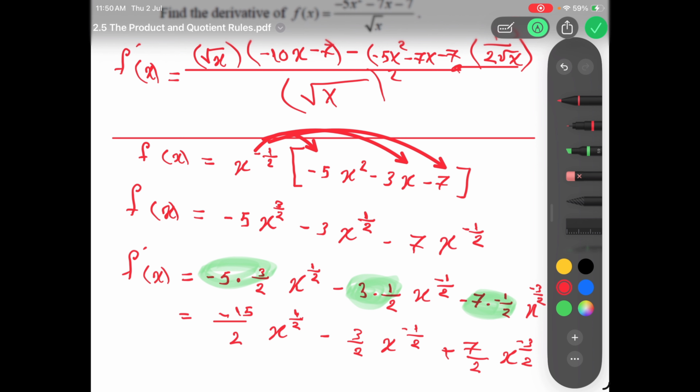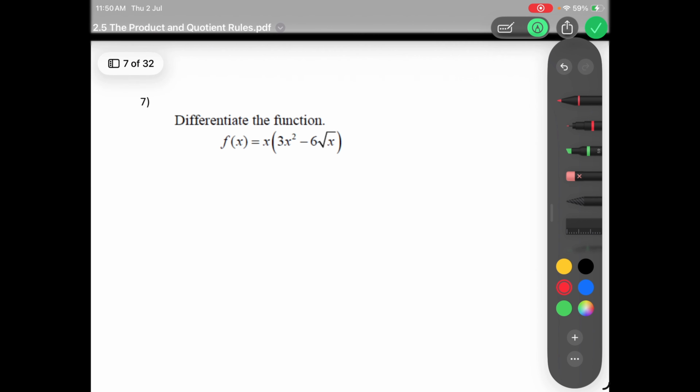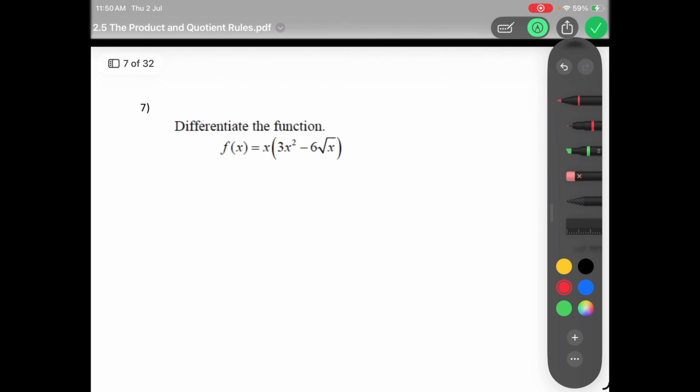So here you have two different ways to do the same thing, and it's up to you to follow which one. So you can do this or you can do this. Okay, look here at this example I have here. Here we can apply product rule or we can expand then find the derivative. So there's like two different ways to do the same thing.